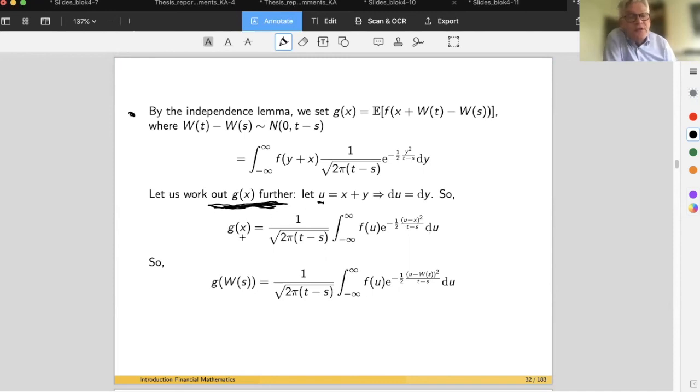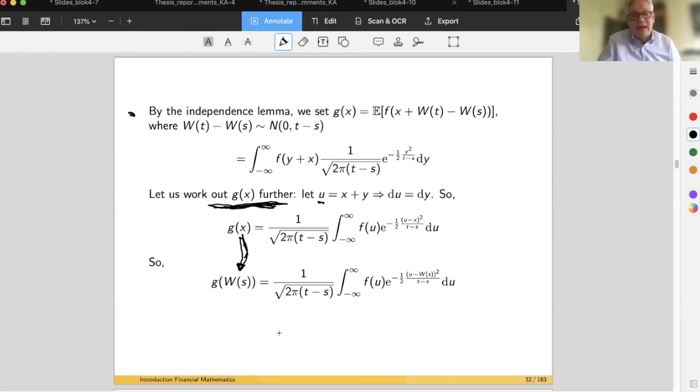Now if we substitute back x equals Ws, then g of Ws is 1 over this square root term, the integral from minus infinity to infinity of f(u) e to the power minus 1/2 (u minus Ws) squared over (t minus s), du.